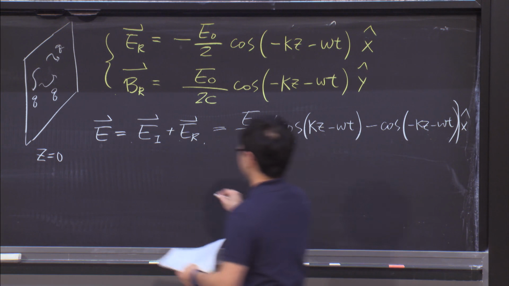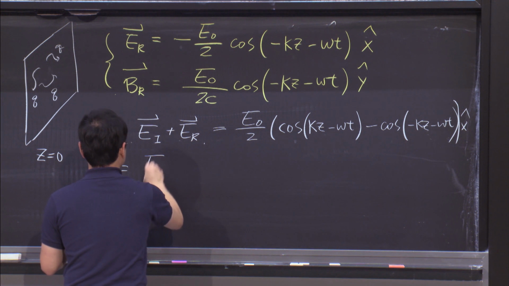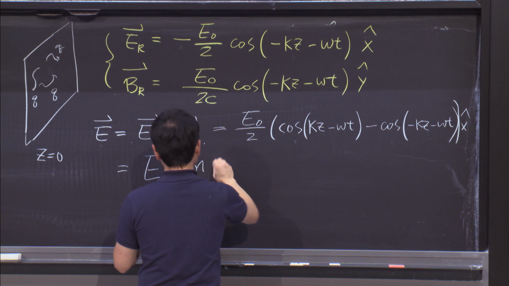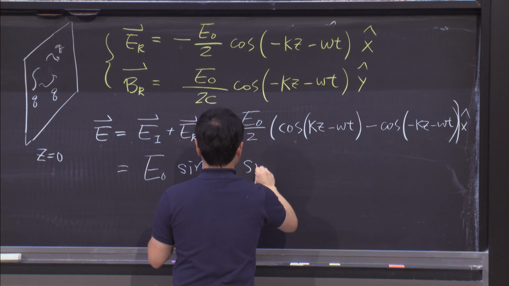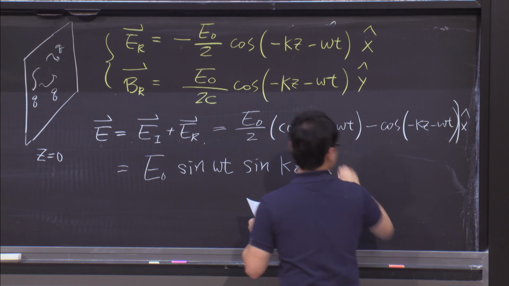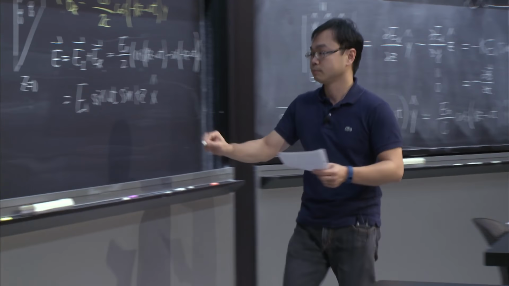So you can rewrite this expression to be E0 sine omega t sine kz, and this is in the x direction. Okay, everybody is following? I hope it's not too fast.